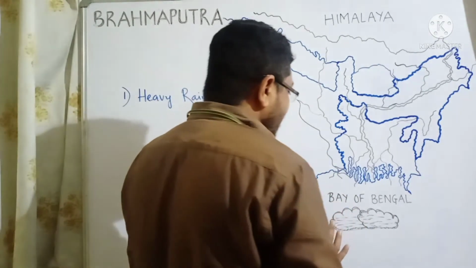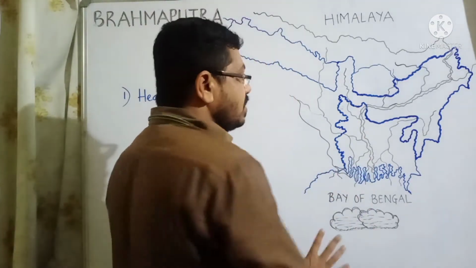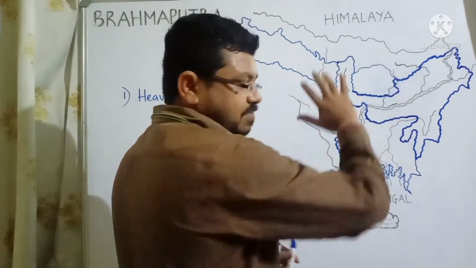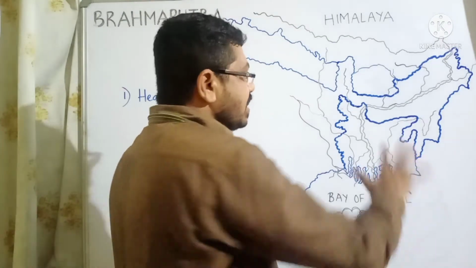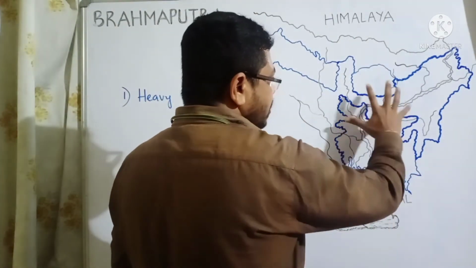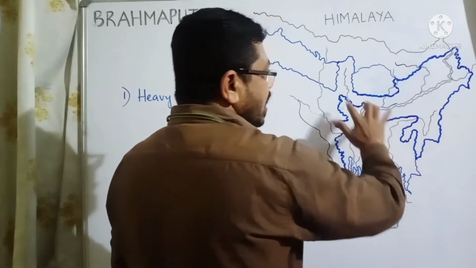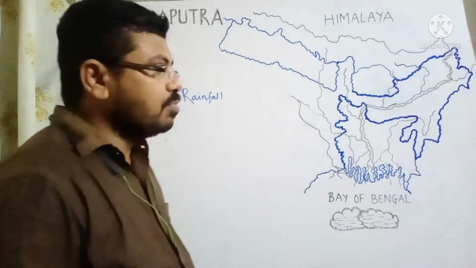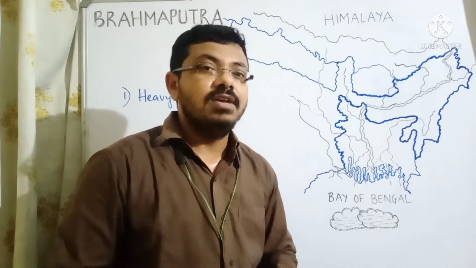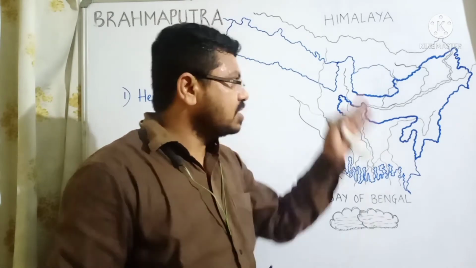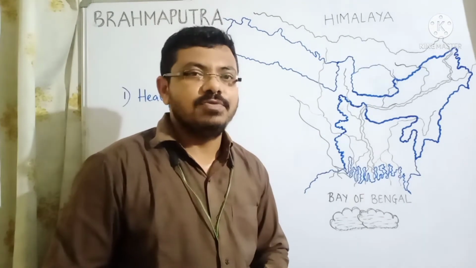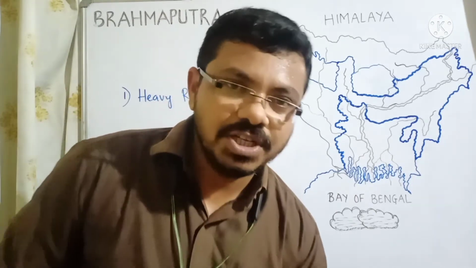So when the monsoon winds enter this region, they are trapped, and it has to rain. Mostly this region, the northeast of India, receives relief rainfall, because mountains are responsible for heavy rainfall in this region.